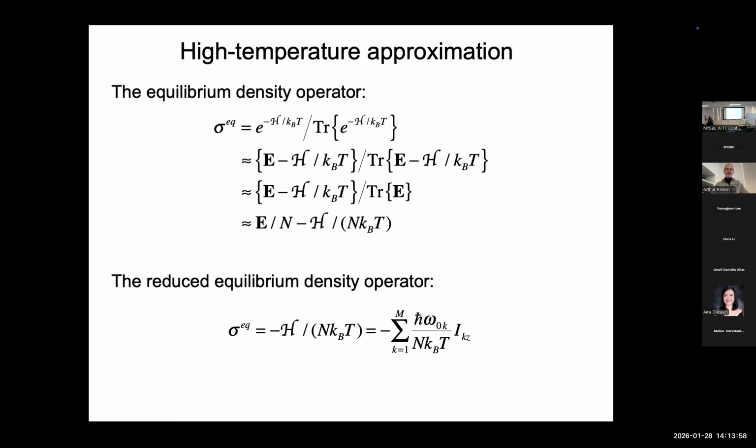The good thing here is you can see that the reduced density operator is just proportional to Iz. With some proportionality constants: h bar omega, remember, is the energy, kT is the Boltzmann constant times temperature, and N is the number of spins in the sample.